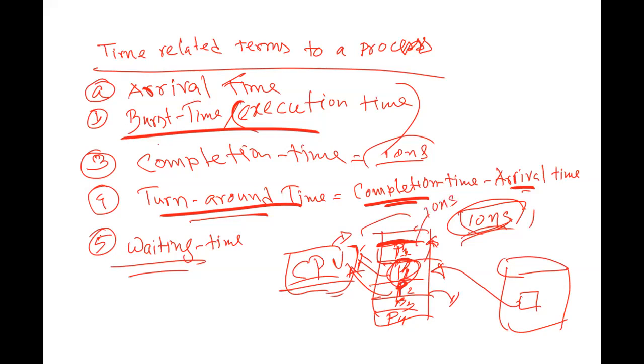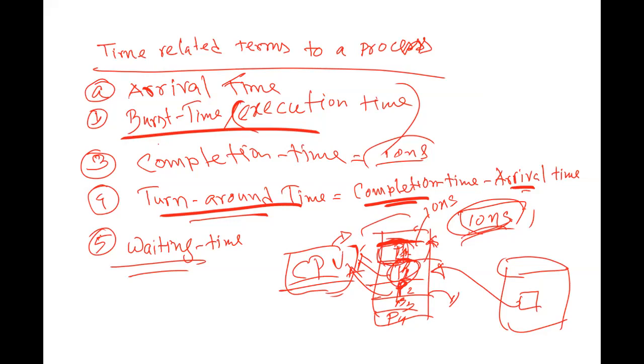But after 5 nanoseconds, a higher priority process comes inside the RAM, and P1 is preempted by the CPU, or stopped, and the CPU is scheduled for process P2. So currently P1 is inside the RAM, but it is now in a waiting state. This is called the waiting time.